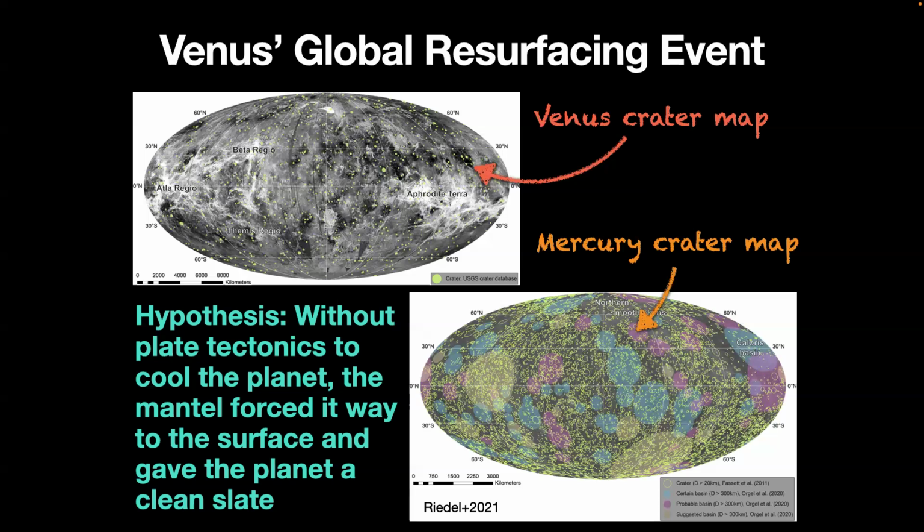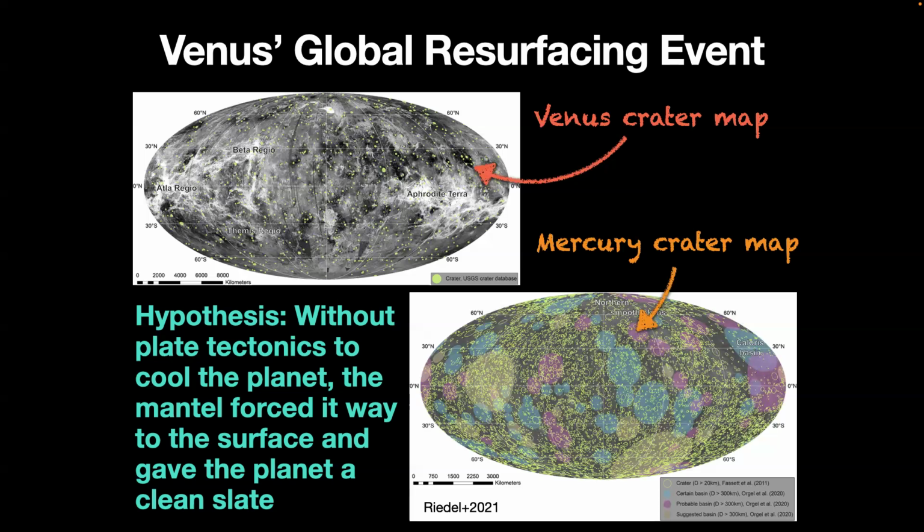On Earth, plate tectonics not only recycles the planet's crust, it also allows heat to escape from the mantle by transporting the mantle material to the surface and returning old crust into the mantle in a process called advection. But Venus has no plate tectonics, so how does this heat escape?